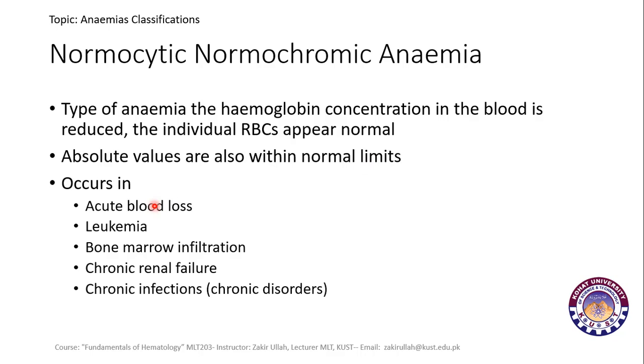This type of anemia occurs during acute blood loss, leukemia or blood cancer, bone marrow infiltration, chronic renal failure and chronic infections or chronic diseases. So these are the conditions in which normocytic normochromic anemia occurs.